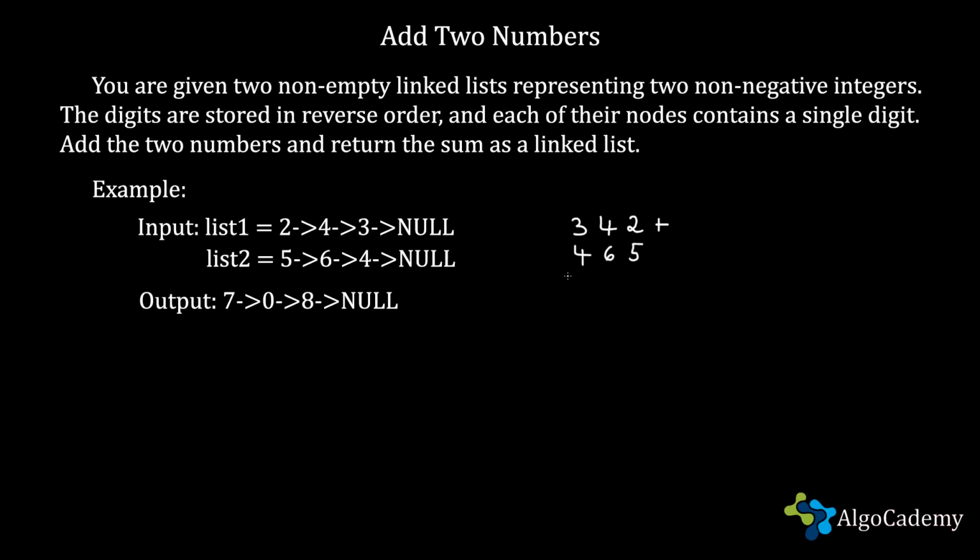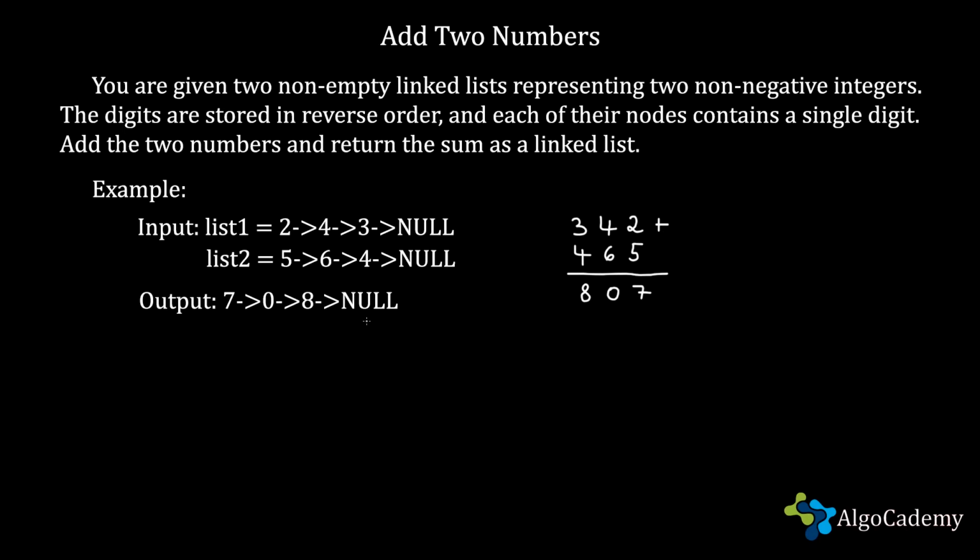When we add these two numbers, what do we get? 2 plus 5, 7. 4 plus 6, it's 10, so we write 0, and we have one other unit. 3 plus 4, 7, with that unit, 8. So it's 807, which in reversed order is going to be 708. So that's why the result is a linked list 708 and then null.